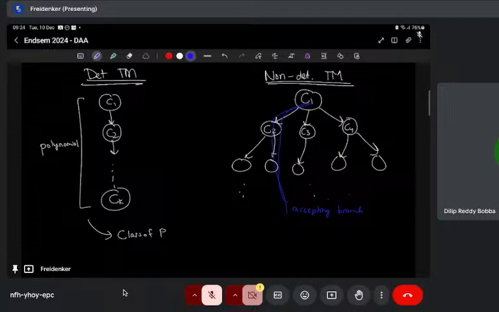Let's say this tree represents some problem you're trying to solve, and the possible solutions could be this branch, this branch, or this branch. You don't know if they're correct or not. Say five people try to solve it in five different ways, and one of them is correct.